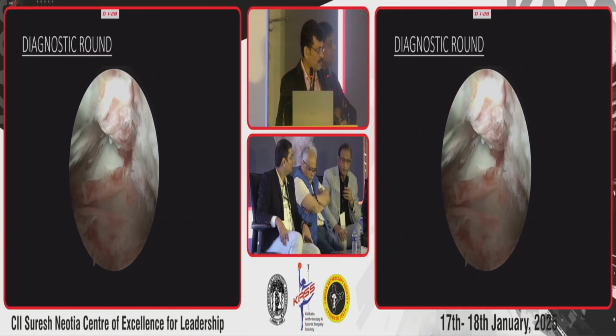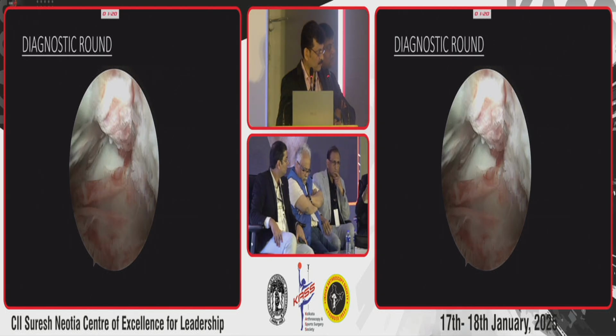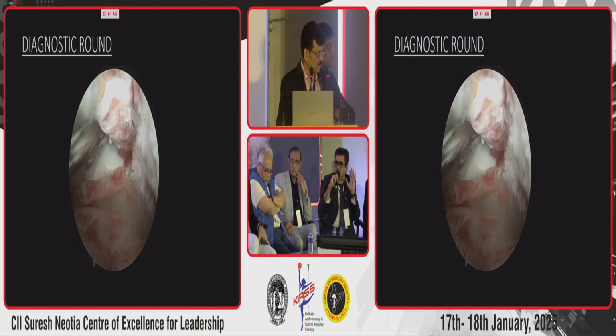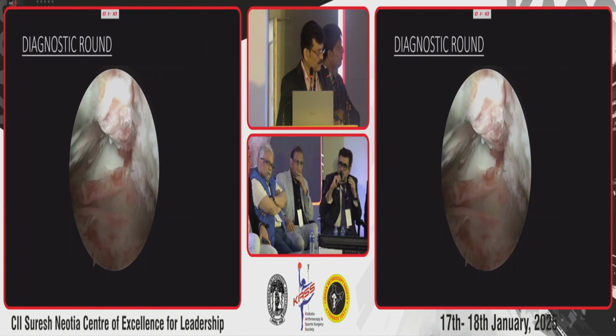Because, sir, see, I have a suspicion. The suspicion is that it may not be that the root is attached there, but this fragment is definitely attached to something which has rotated it. Yes. Okay. And that has to be meniscocapsular tissue.